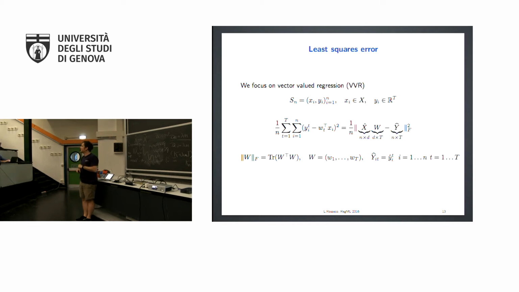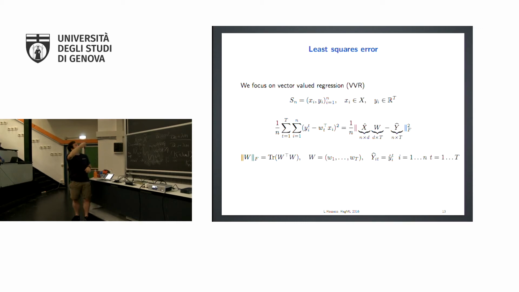So what is the size of the output matrix? Well, you have n examples, and each of them is of size t. The input matrix is still the same, it's n by d. The w is not going to be a vector, but a collection of vectors, which is of size d times t. The norm there is just a compact way to write this, and it's what is called the Frobenius norm.